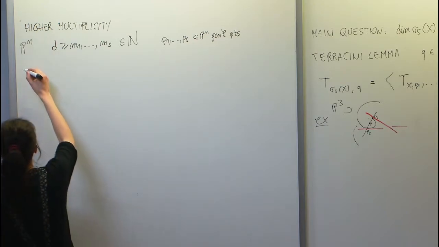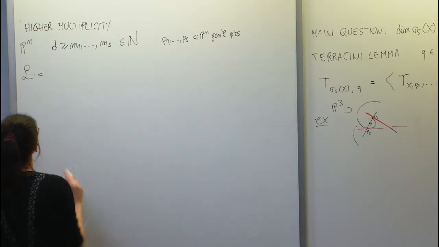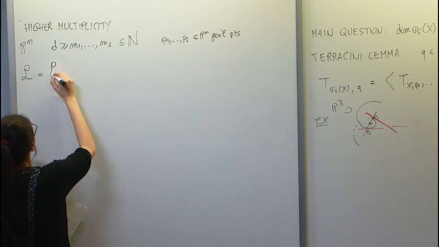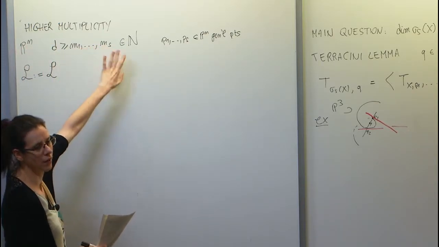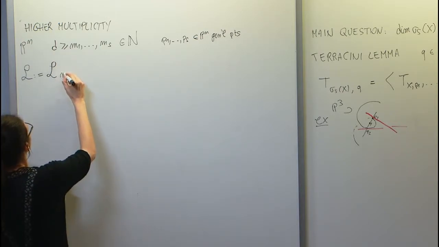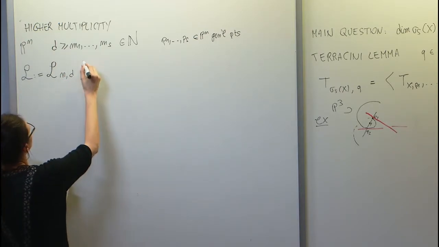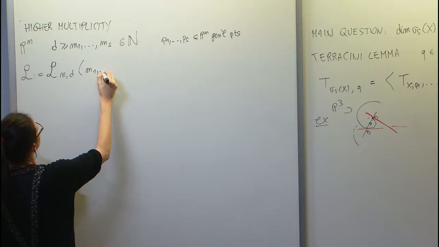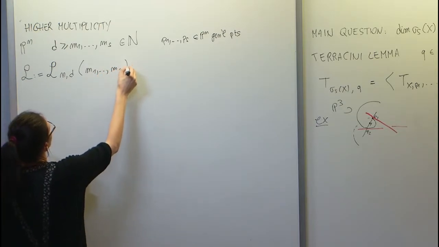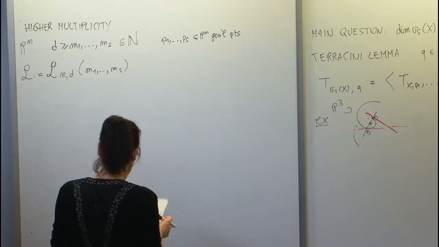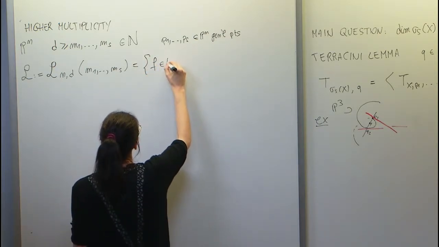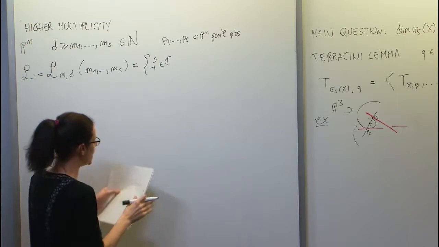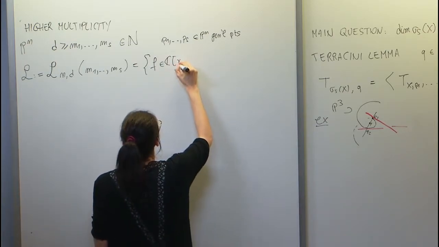And I introduce the notation L, depending on all of these parameters, L_{n,d}(m1, ..., ms). This is my object of study, and this is just the vector space of homogeneous polynomials. We work over the complex numbers.